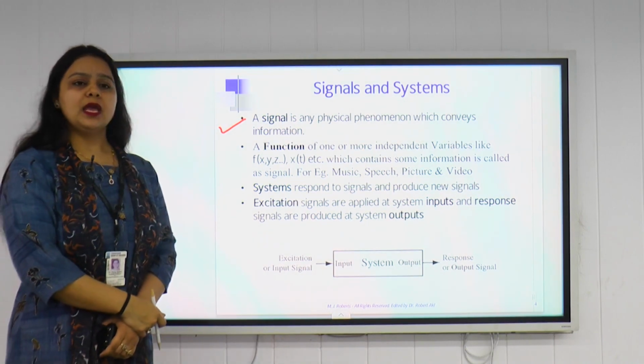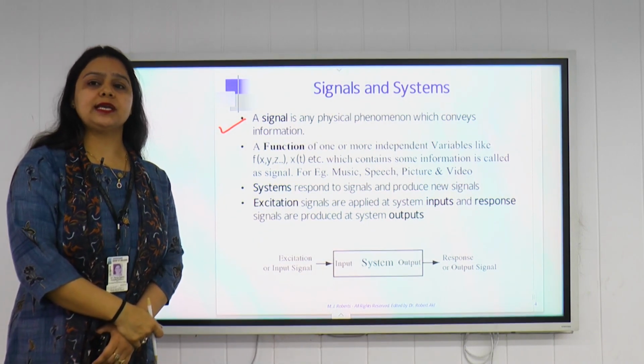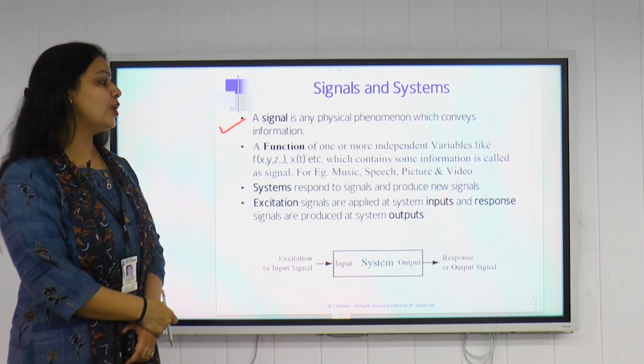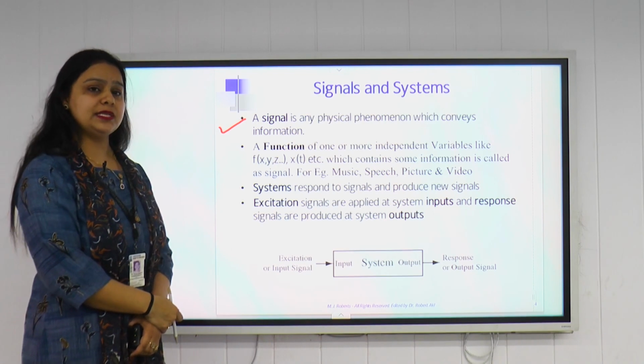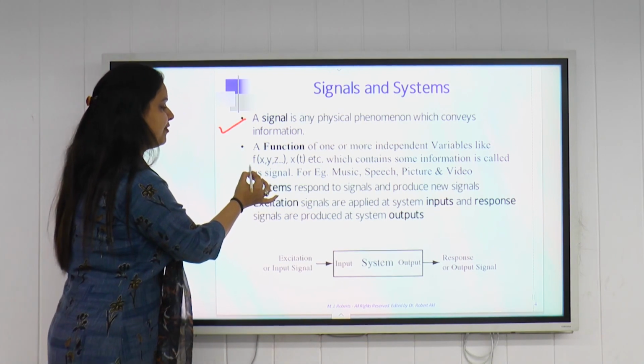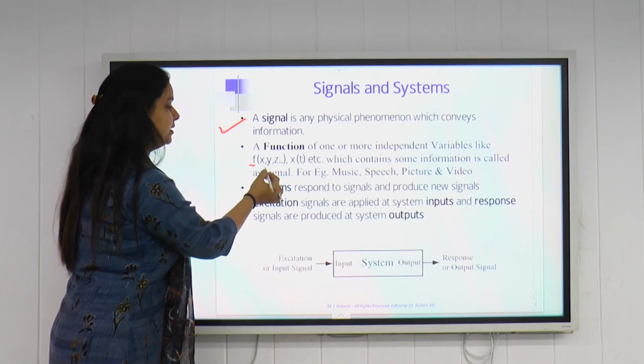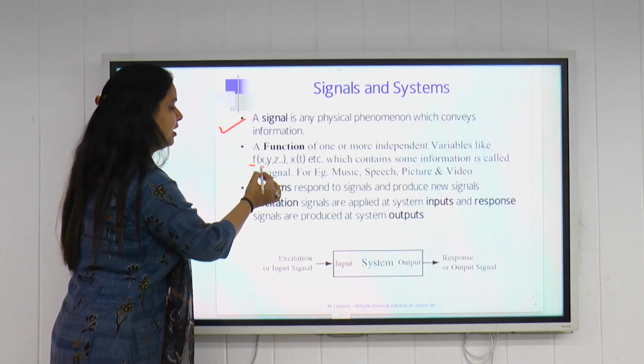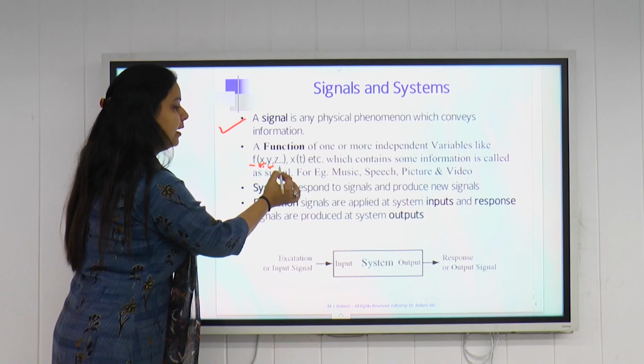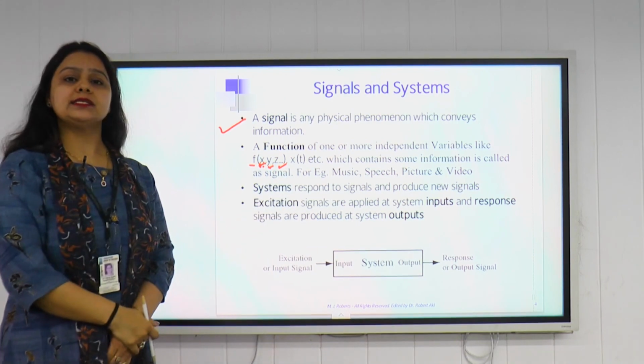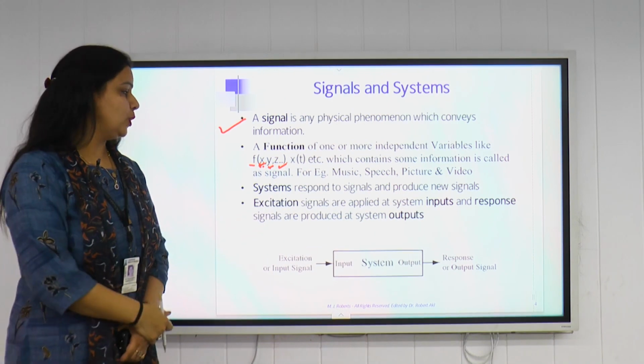It can also be considered as a function of one or more independent variables. Like we can say this is a function depending upon the independent variables, say x, y and z, which contains some information that needs to be circulated.